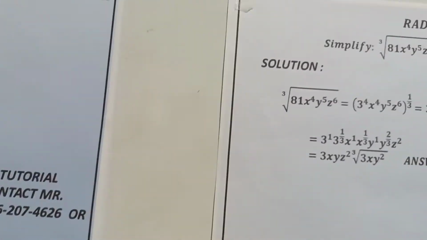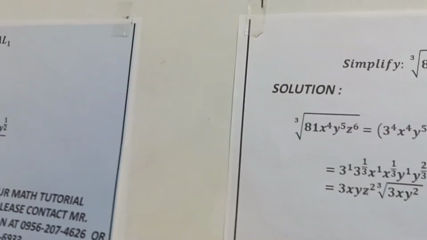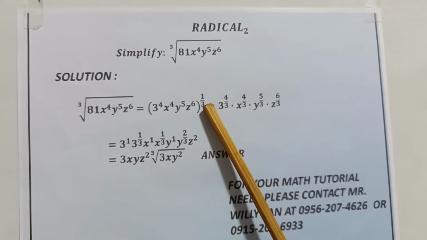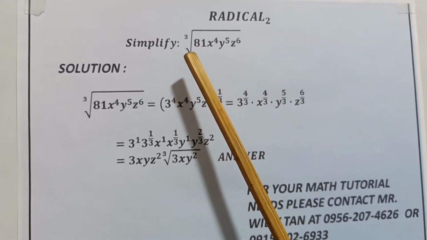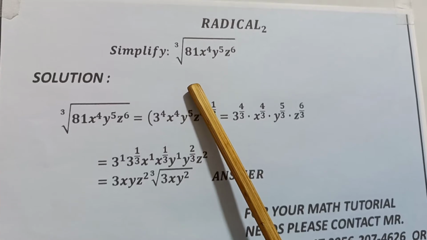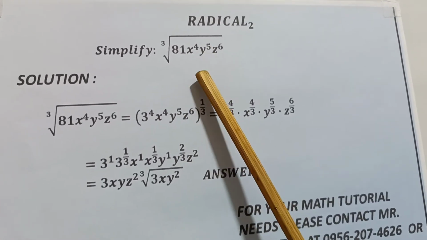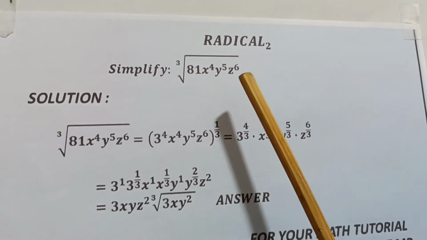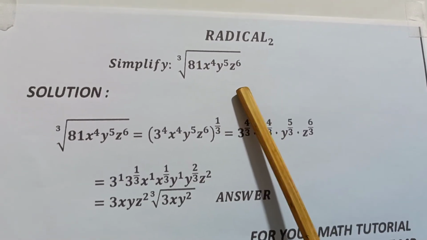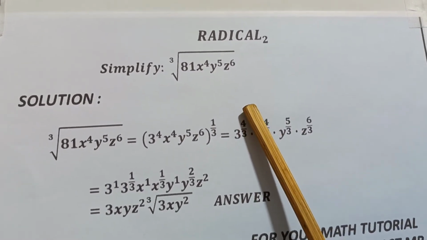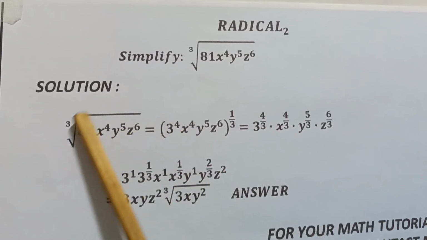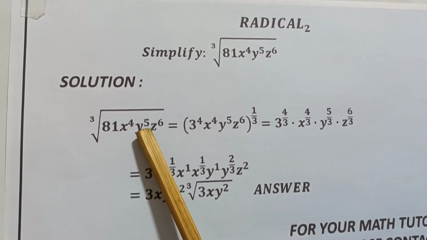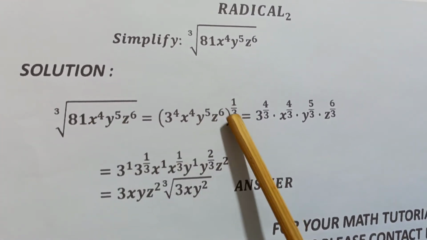For problem number 2, we are asked to simplify, no? The cube root of 81 x to the fourth, y to the fifth, and z to the sixth. Again, no? Since this is a cube root, all of this will have an exponent of 1/3.